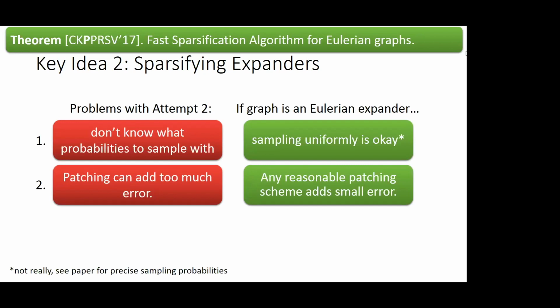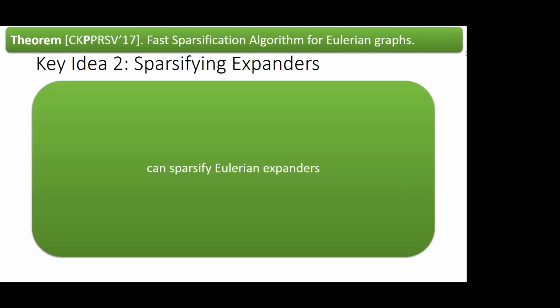But if you assume all the degrees are 1, then it's basically uniform sampling. And second, this problem that patching could add too much error. Well, it turns out that if the graph is an expander, then pretty much any reasonable patching scheme that you could possibly imagine will only add a small amount of error relative to the graph. So that's good. We can sparsify Eulerian expanders.